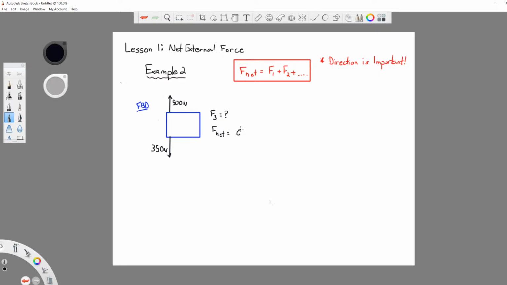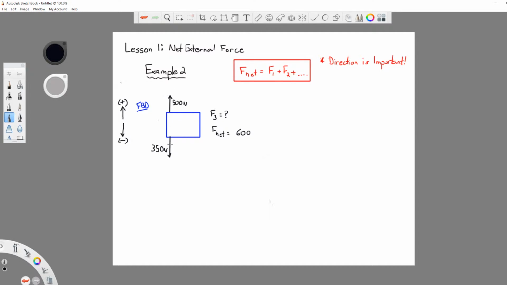I'm going to leave a little space, because I think some of you may see what's happening here. I haven't made direction important in this question. We have this 500 newtons up, this 350 newtons down, and this net force is 600 down. So I'm going to show off my direction here. I'm going to say our upward direction is positive, so our downward direction I'm going to call negative.